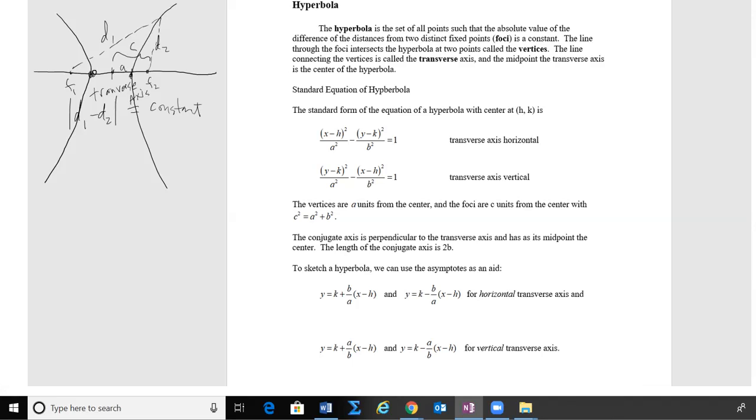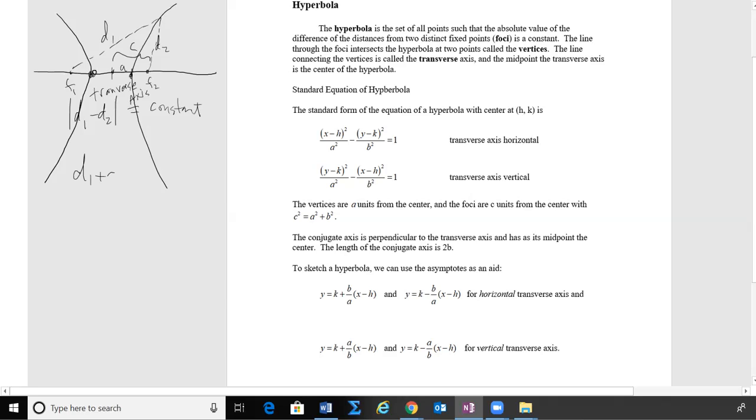So there's probably some neat software that you can use, where you can just drag that focus back and forth and watch how this turns from an ellipse into a hyperbola. But anyway, okay, so using this idea and the distance formula now, because there are certain things that are true about this.